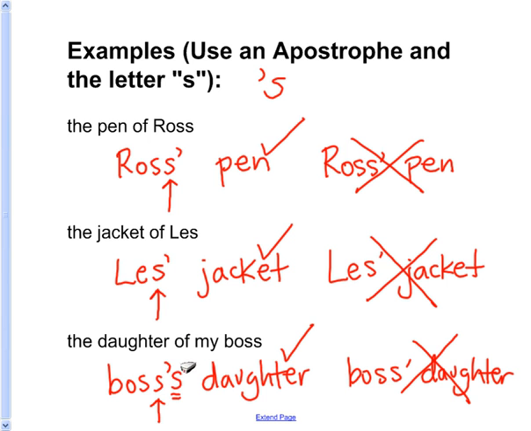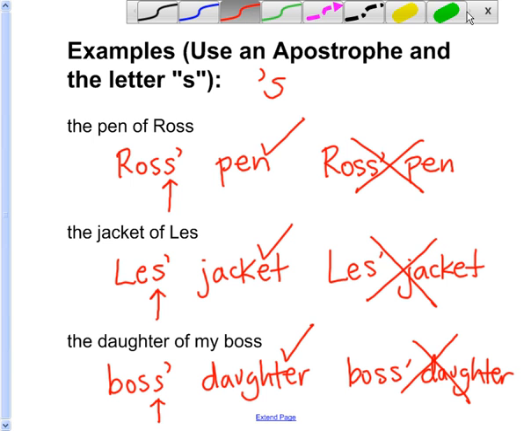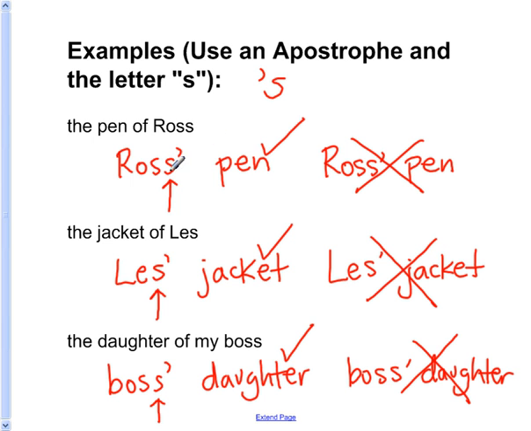It's not technically correct, but it is accepted that this is pronounced Ross's pen, even though the extra S is not in there. It is important to recognize that that extra S, even though it's pronounced, is often dropped.